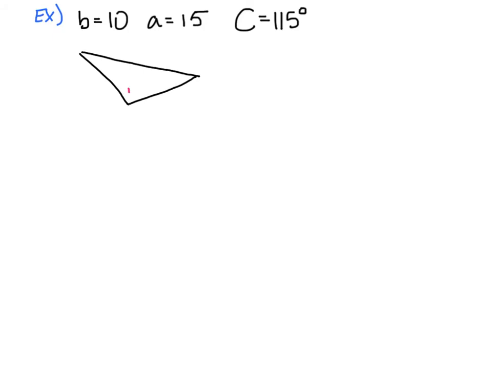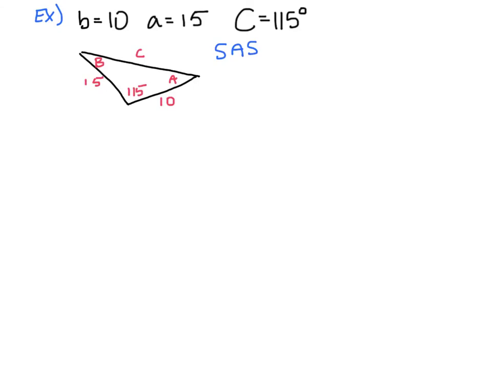So this is 115, and we weren't told side C. I was told side B was 10, so on the opposite side we have angle B, and side A is 15, so opposite that we have angle A. So this is a side angle side, letting us know that I can use the law of cosines. And whenever it's side angle side, remember that we pick the equation based on the angle that we know. So we know angle C.